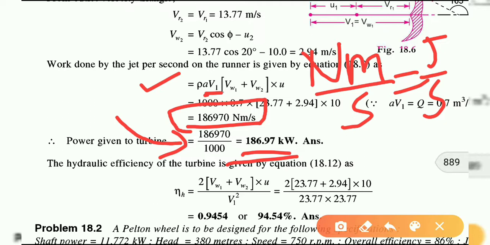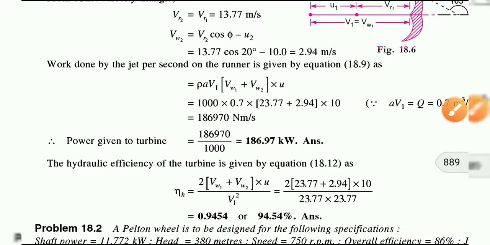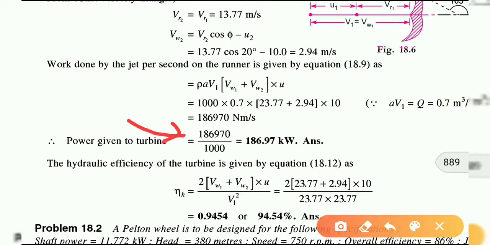If we divide by 1000, it becomes kilojoule per second, and this kilojoule per second is equal to kilowatt. Hence in kilowatt the power will be equal to 186.97 kilowatt. So this will be the power delivered by the turbine.